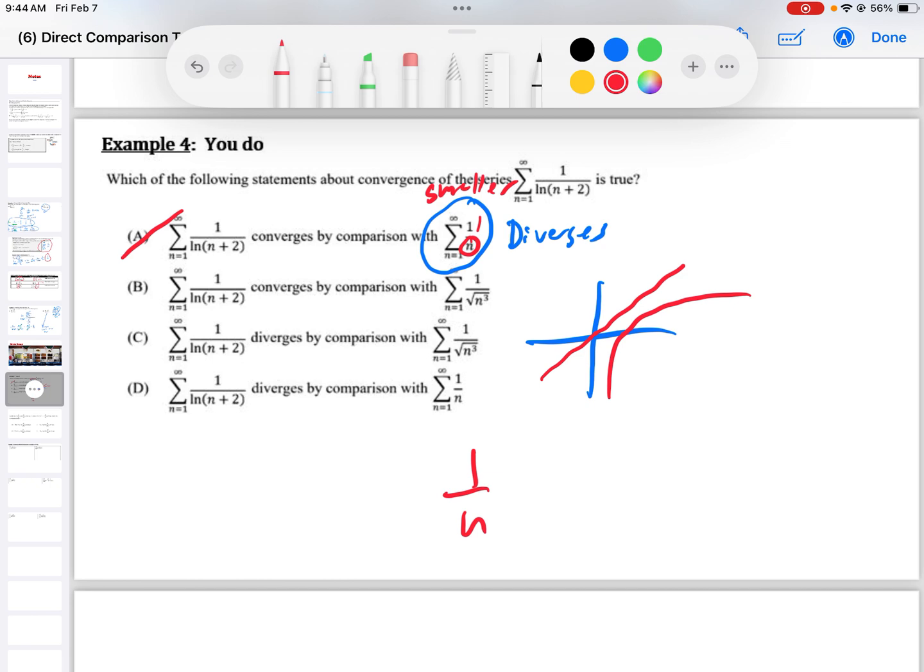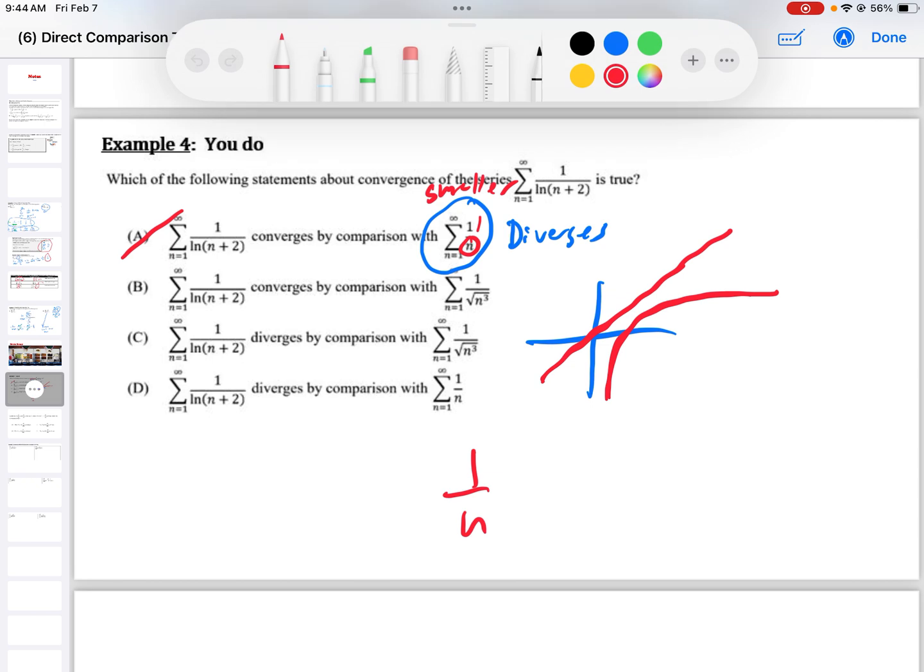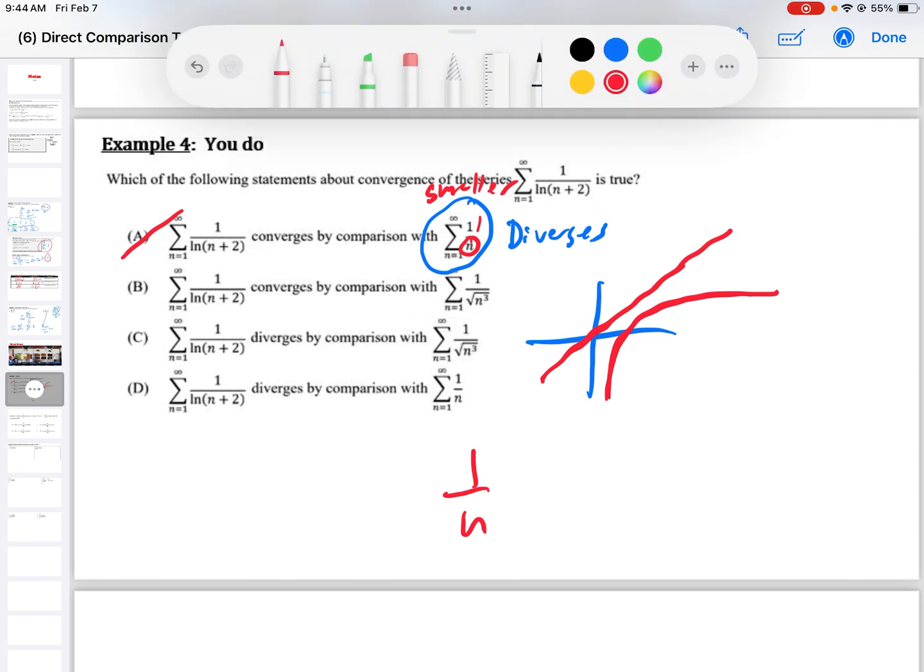I'm just comparing the bottoms. n is bigger than natural log of n. So overall, the fraction would be smaller since the denominator is bigger. So since this is smaller and it diverges, then I know the bigger one also diverges. And I'm just not going to think about those other two.